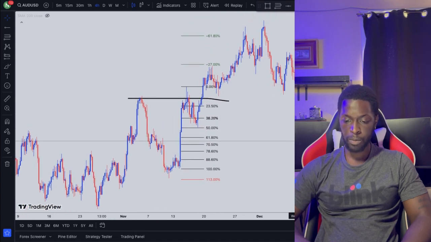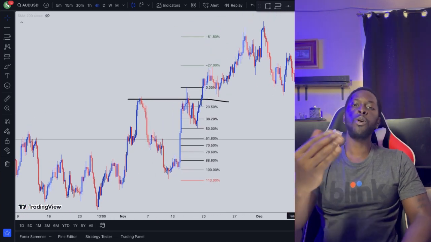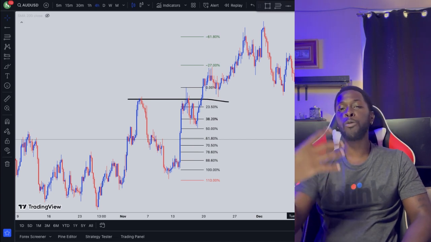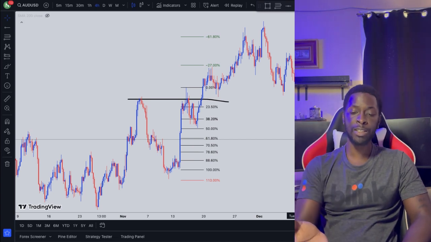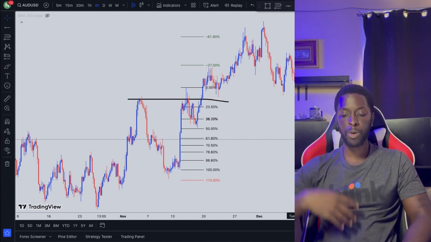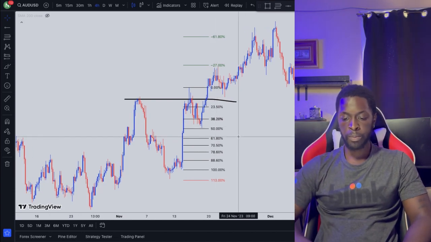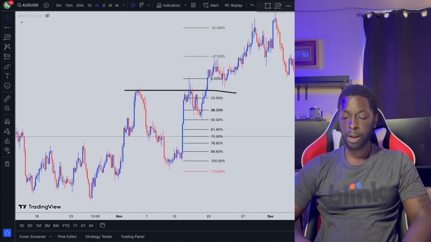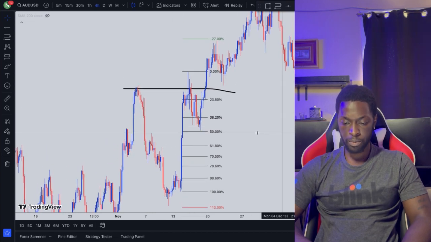And as you can see, just like I said before, you're looking for a pullback, a retracement, a correction back to your Fibonacci levels, your 38, your 50, 61, 70, and so on and so forth. And what happens? We get a pullback to what level?